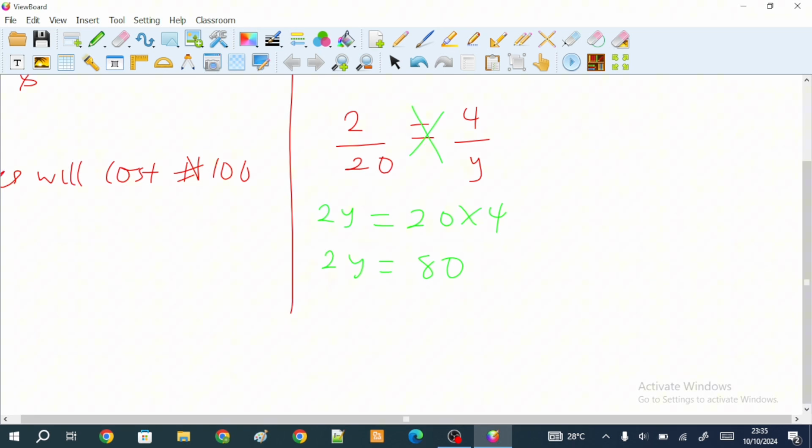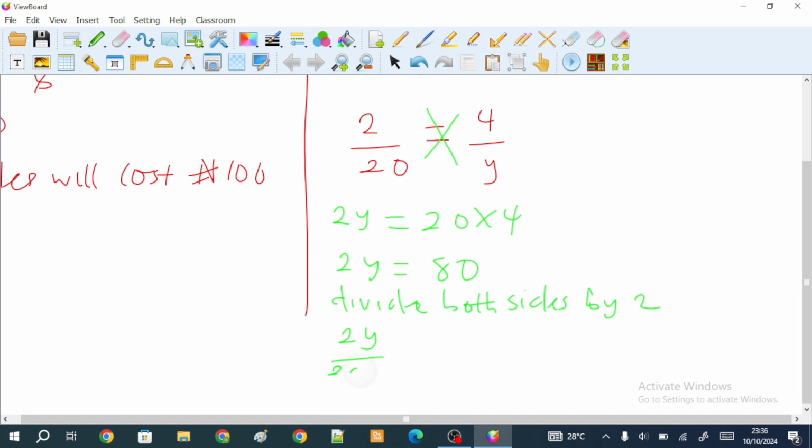What do we do here? We're looking for Y, but what we have here is 2Y is 80. We'll divide both sides by 2, because 2 is the coefficient of Y. 2 is a number written together with Y. So 2Y on the left hand side, we're going to divide it by 2. 80, we're going to divide it by 2.